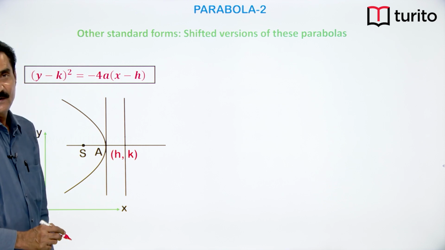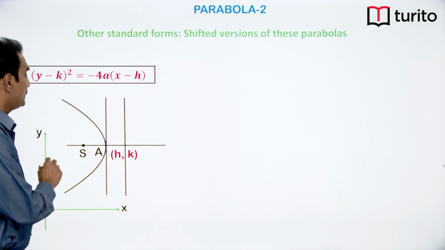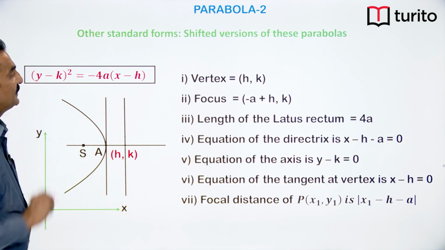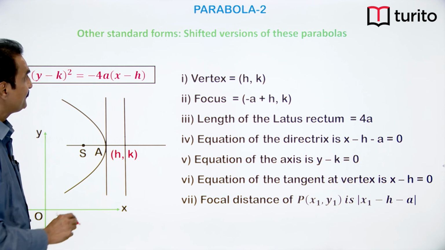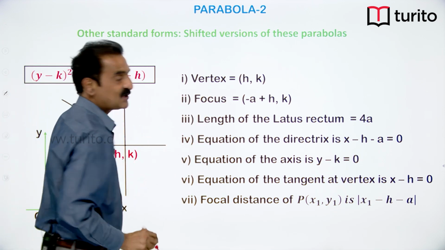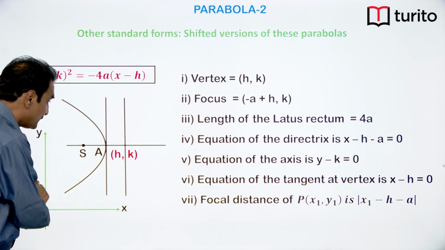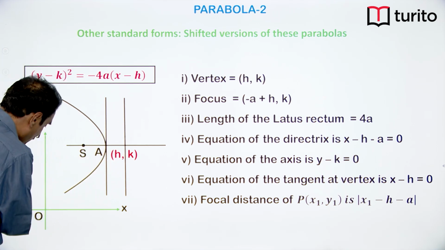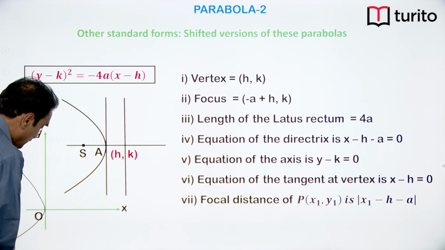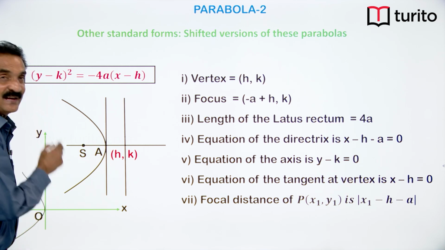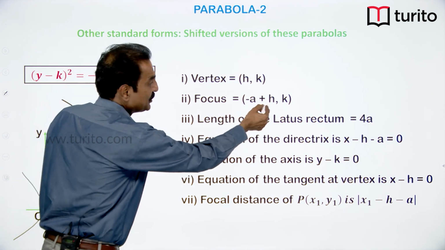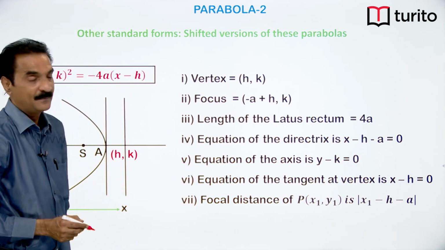New vertex is h comma k. Then the other formulae you can see from this list. Vertex is h comma k. Focus. What is the focus of the parabola in the original position? Minus a comma 0. Then adding h and k to the coordinates, minus a plus h comma k.